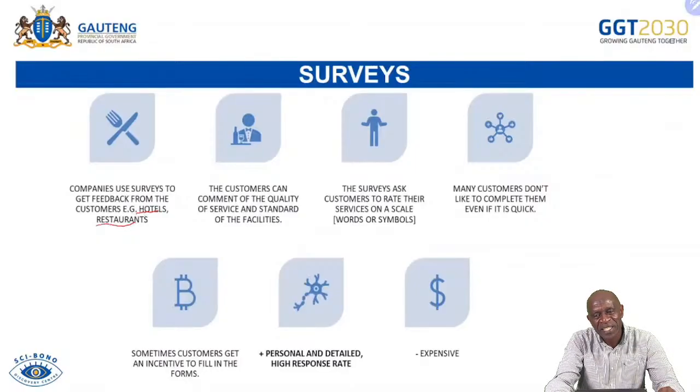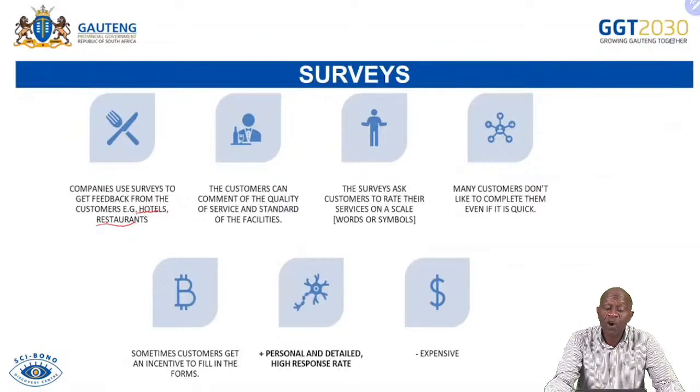The facility, we are referring to the building structure. Is it attractive? Is it clean? Is it well kept? So such factors come in during surveys, and that helps businesses to improve their services.